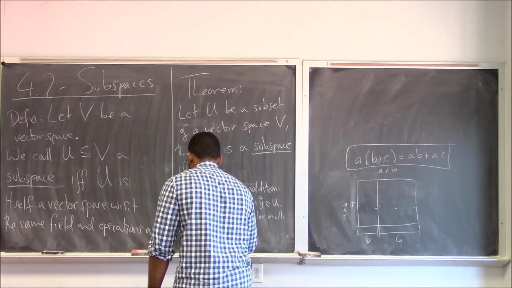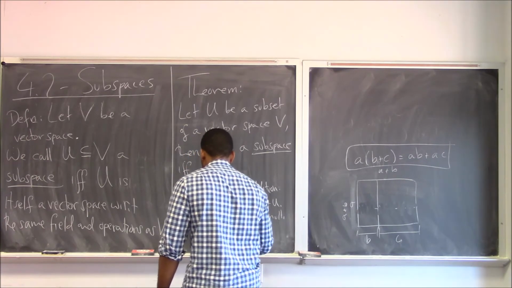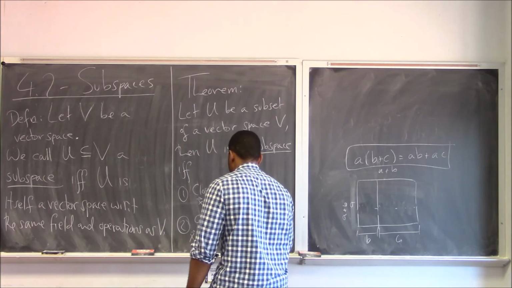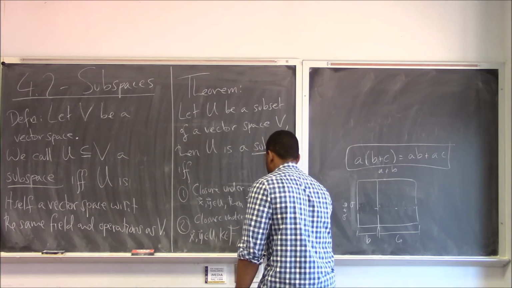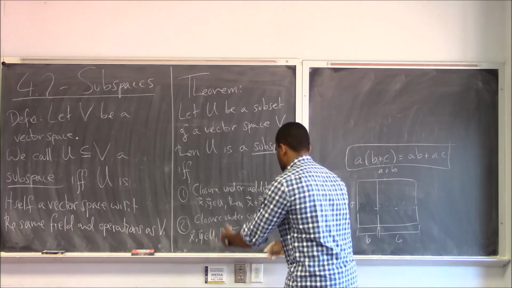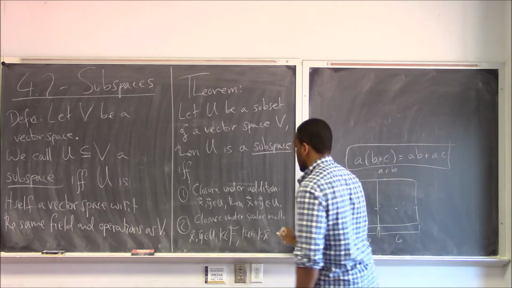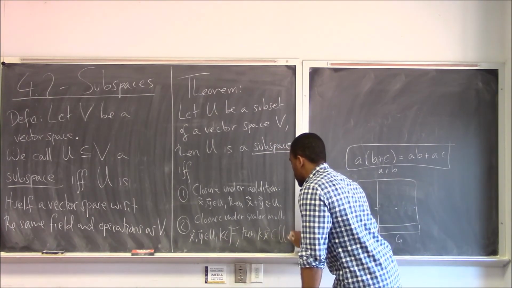That means if x is in U and k is a member of your field, then k times x is a member of the set.